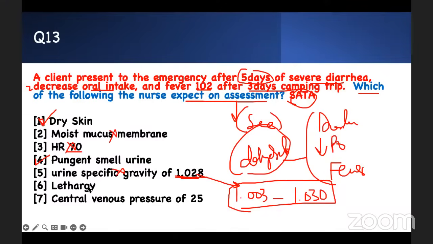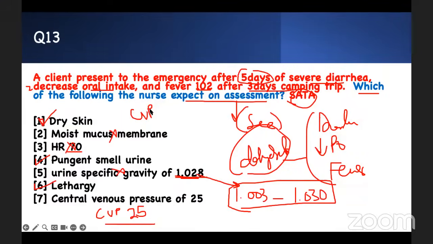They're going to be what? Lethargic, right? They're dehydrated. And finally, the central venous pressure of 25. What do you guys think? Do you expect this on exams? If you examine this patient, do you expect a CVP of 25?